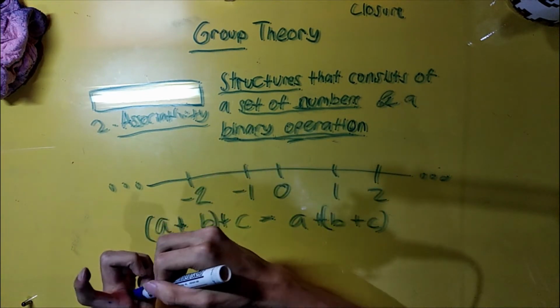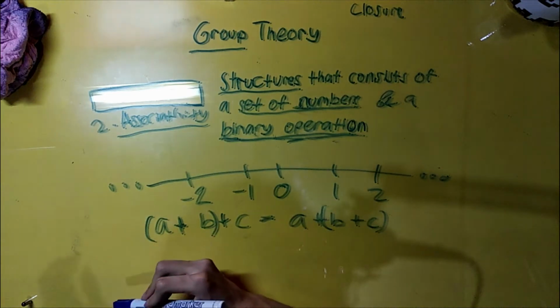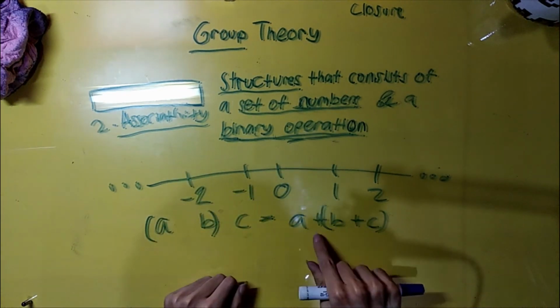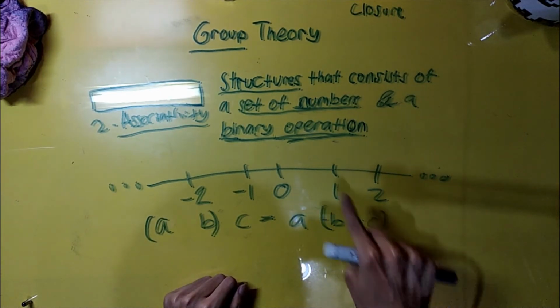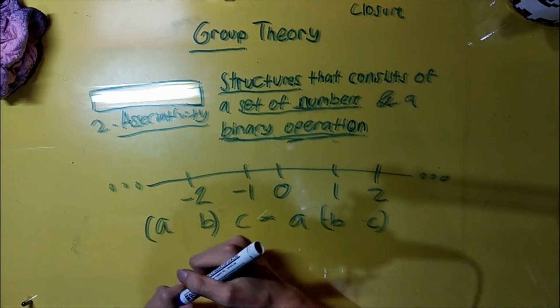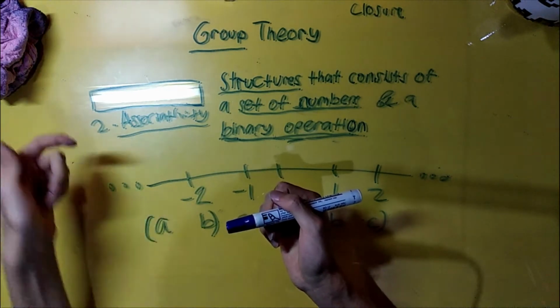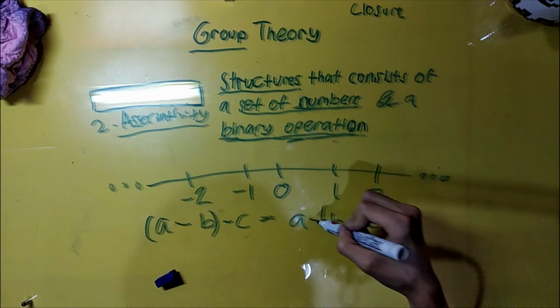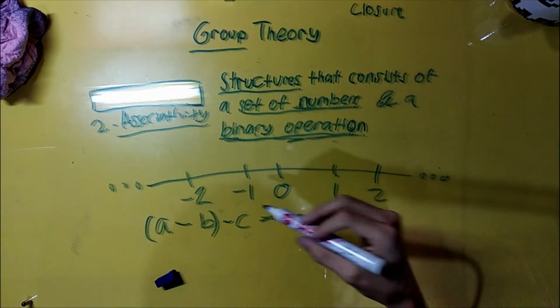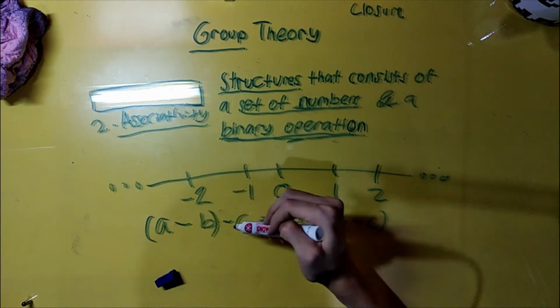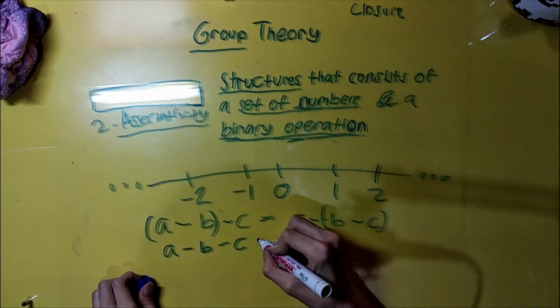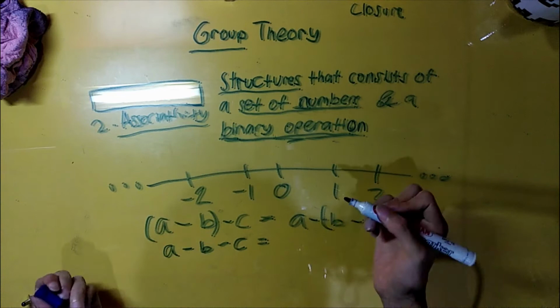Let's take a look at an example which is not associative. So let's just get rid of the addition and use a different binary operation instead, and let's see whether that yields an associative property or not. Let's use minus instead. Right, so A minus B minus C, that's same as A minus B minus C. We can ignore the bracket there, it's all fine.